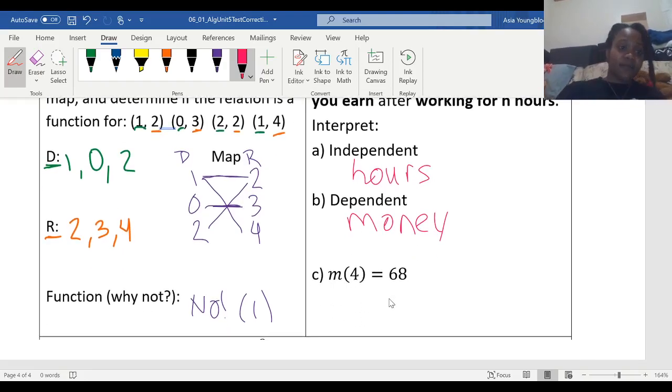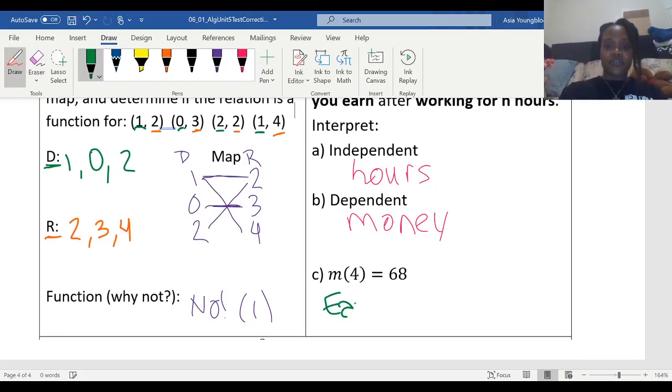So this is saying earn $68 after 4 hours.